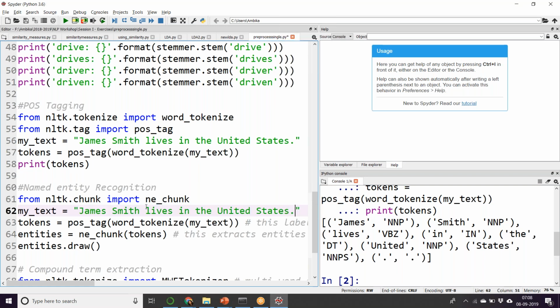Right? If we eliminate this, there is no meaning between James Smith and the United States. We are saying that he is living in the country. So we cannot eliminate that. So POS tagging is also an approach where we can consider the most important parts of speech as a topic. This is one way of applying a filter.